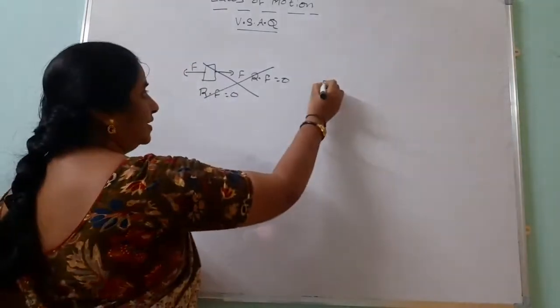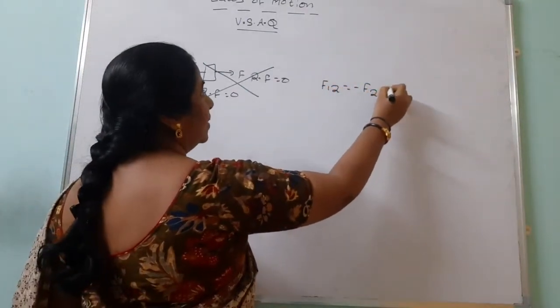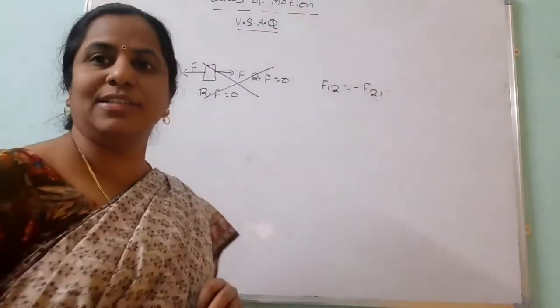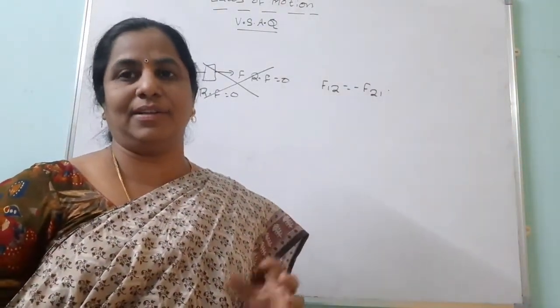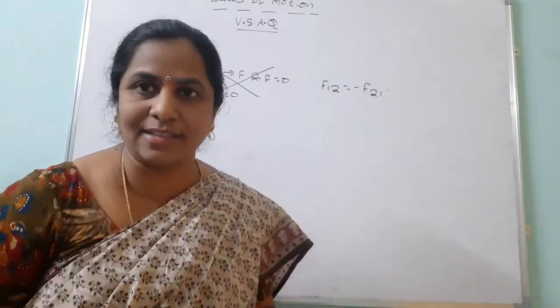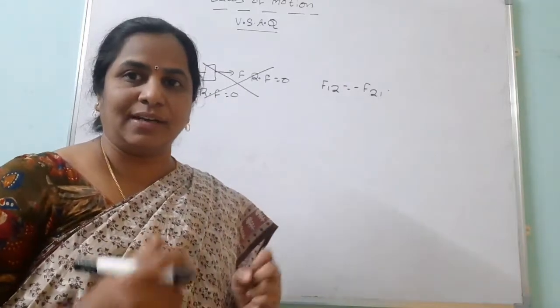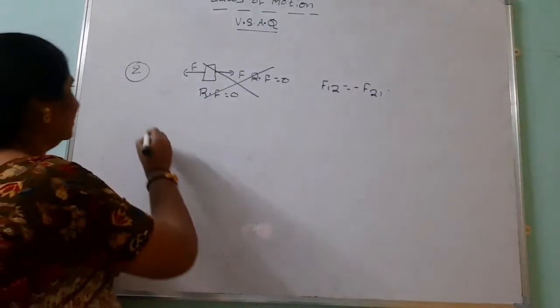We can say here F12 equals minus F21, but the resultant force is not equal to 0. Action and reaction never act on the same body. The example is the rocket: action is on the rocket, reaction is on the fuel. Even the gun and bullet problems are examples for this.